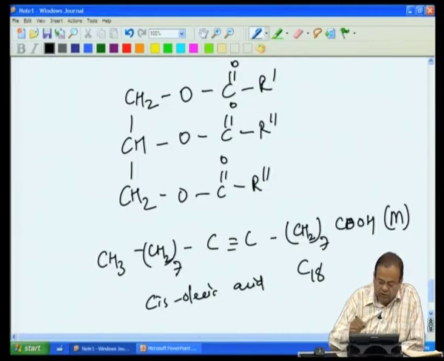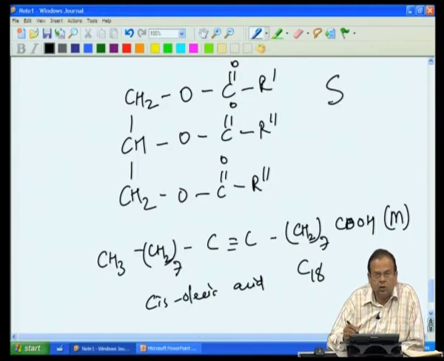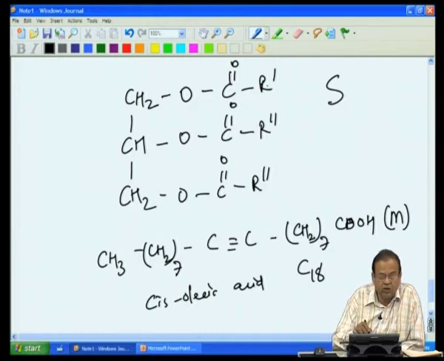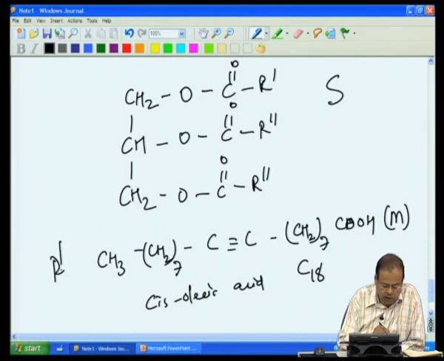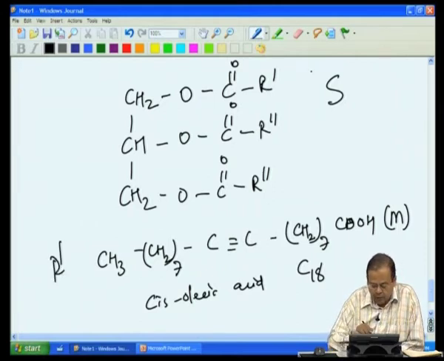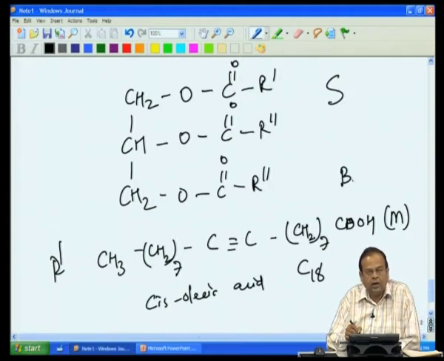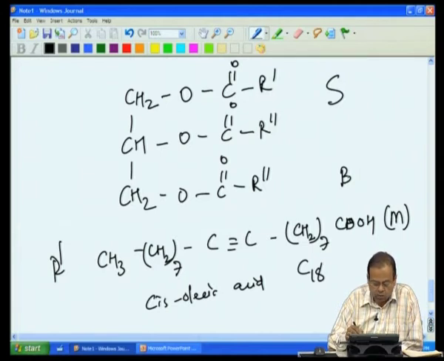So, we have saturated fatty acids where there is no double bond. When you hydrogenate this oil, essentially what you are doing is adding hydrogen in the R prime group. So, this is my R prime. Okay. So, in the R prime, we have, let us say, di-unsaturates, then we have mono unsaturates, and then we have saturates.